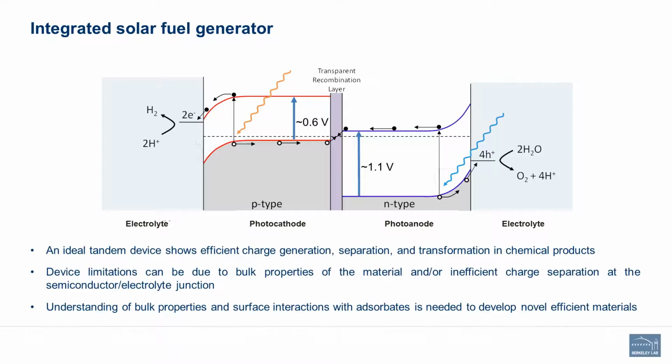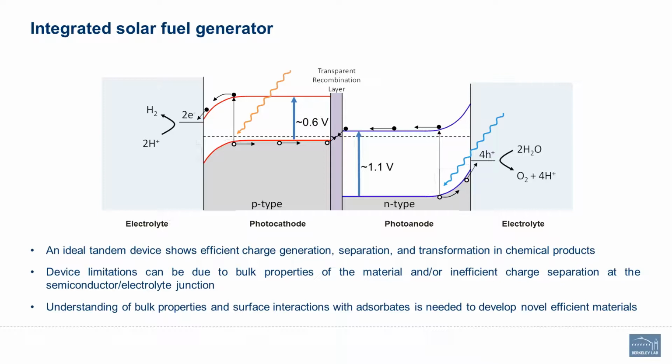So the ideal tandem device shows efficient charge generation and separation, and transforms these charges in chemical reactions and in chemical bonds. However, we can have device limitations that are due to bulk properties, but also to the inefficient charge separation at the semiconductor electrolyte junction.